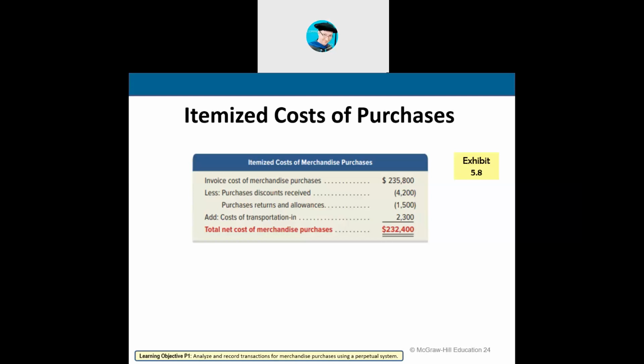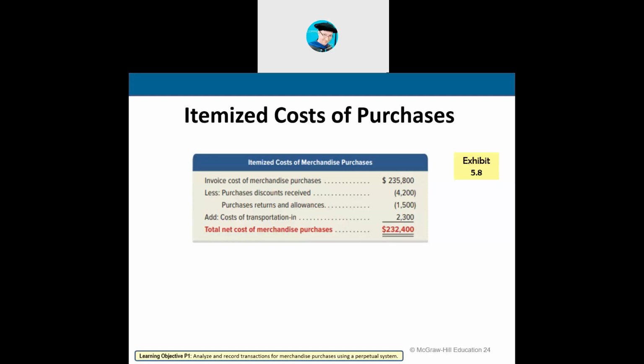Itemized cost of purchases represents what we call the net cost of purchases. Purchases, we're talking about purchasing inventory, obviously.